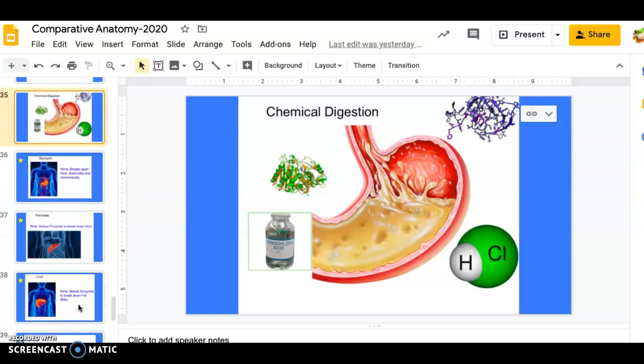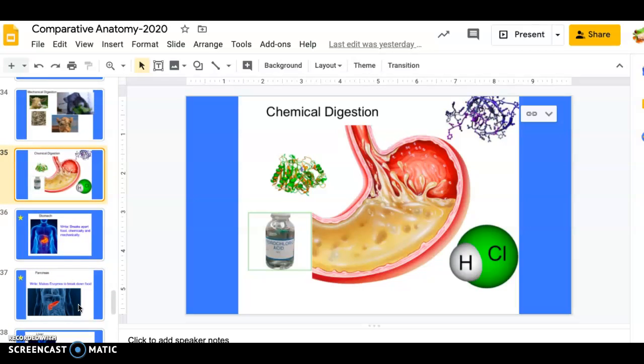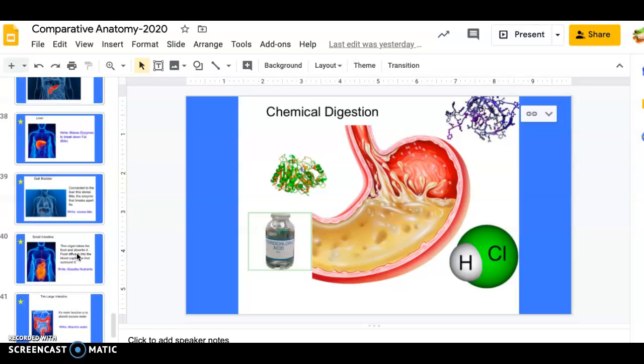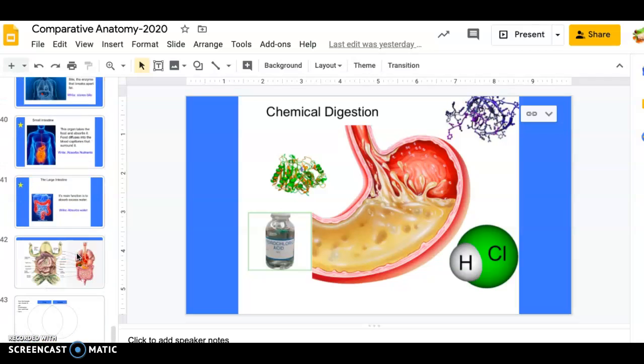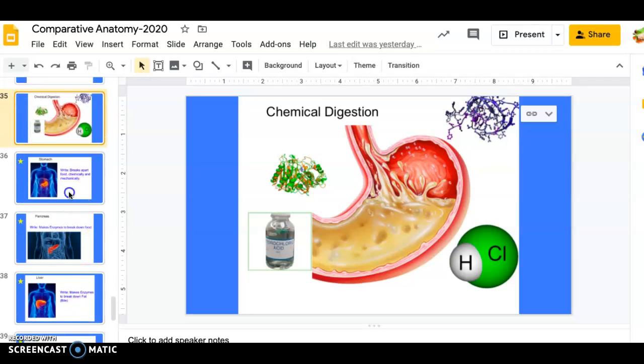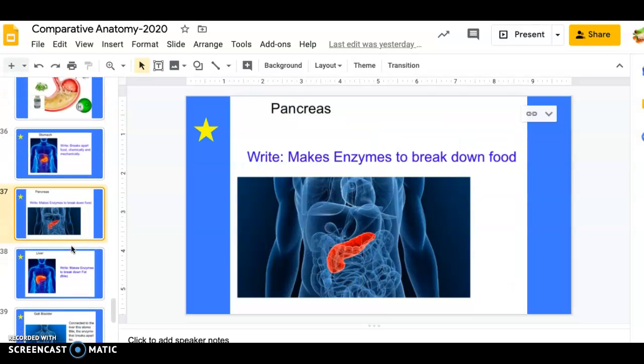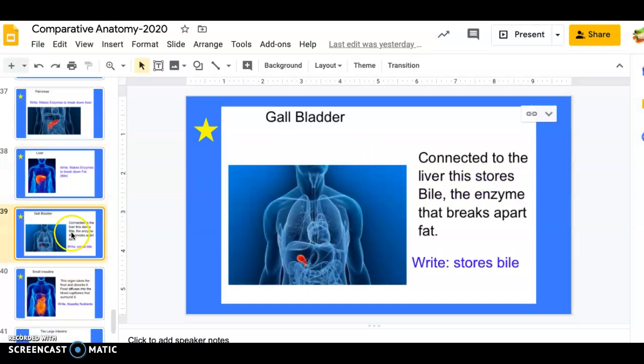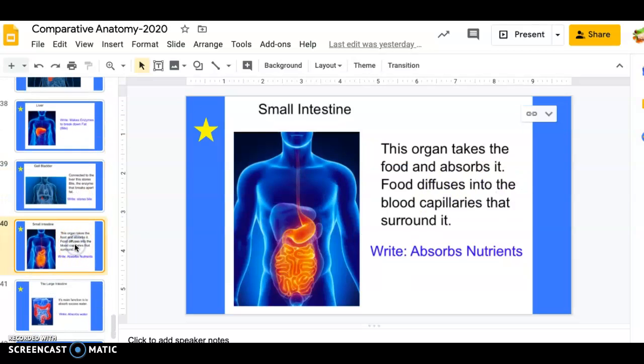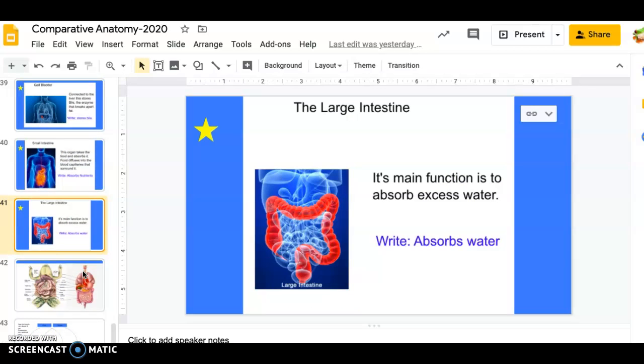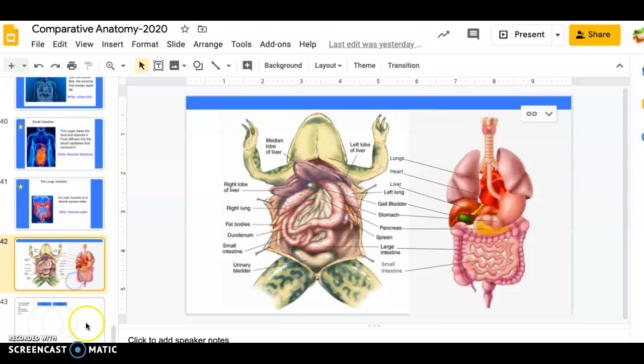So just a brief little overview of some of the organs that we're going to touch on, because there's a few of them. You're going to focus on the stomach, the pancreas, the liver, the gallbladder, and the small intestine and the large intestine, and go through their functions. And then at the end, we're going to compare that to our frog.